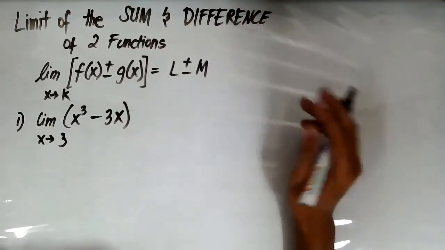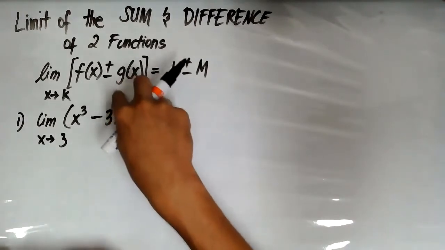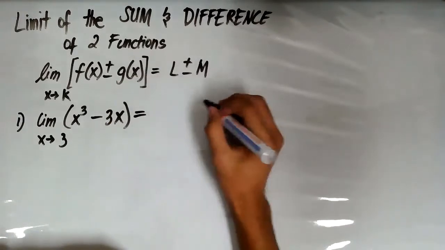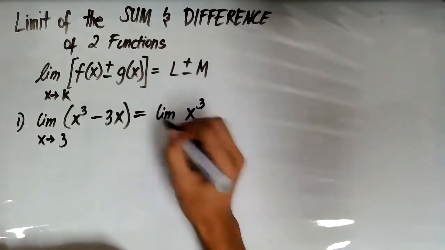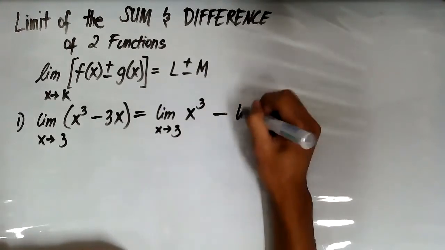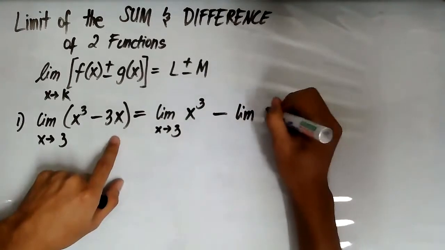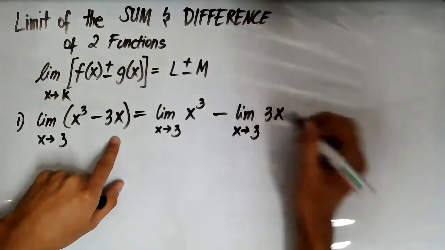All right. So in here, we can basically use this limit law. So this will become the limit of our x cubed as your x approaches 3 minus the limit of the next function, which is 3x, as your x approaches 3. All right.